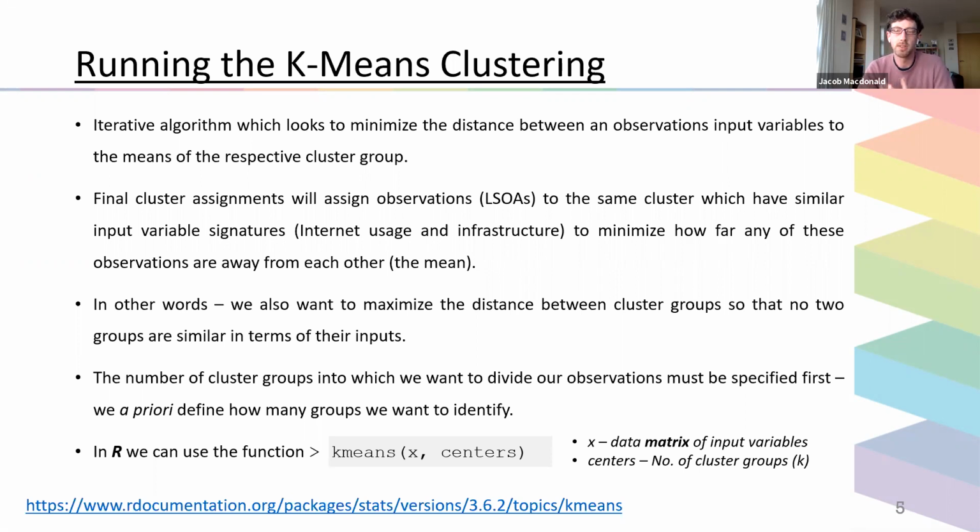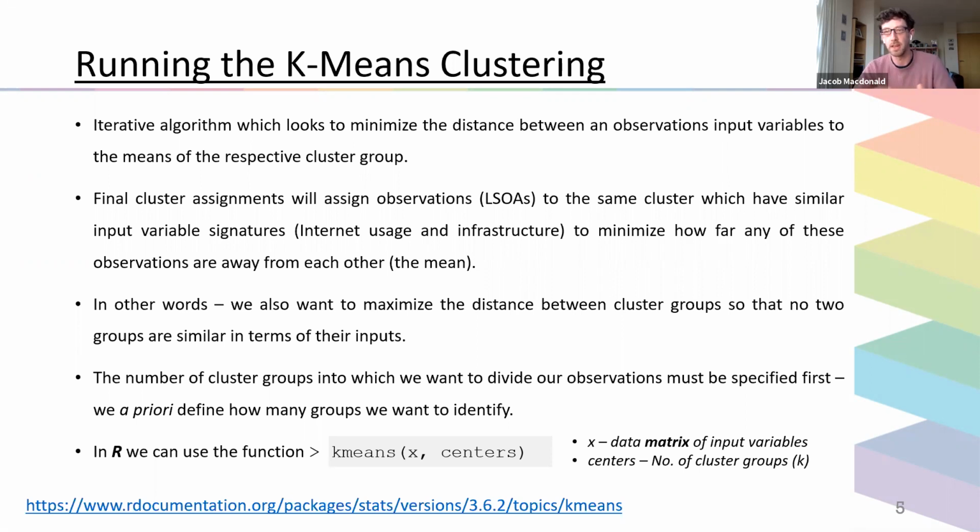So what we're going to do is to look for LSOAs that have a relatively similar statistical mean to that group of clusters. So, we're thinking multidimensionally here, but what we want to do is to make sure that groups of clusters are as similar as possible in terms of all of these input variables, and also as dissimilar as possible from other clusters.